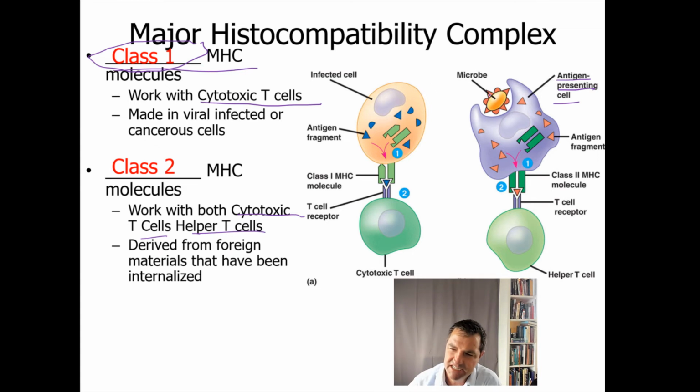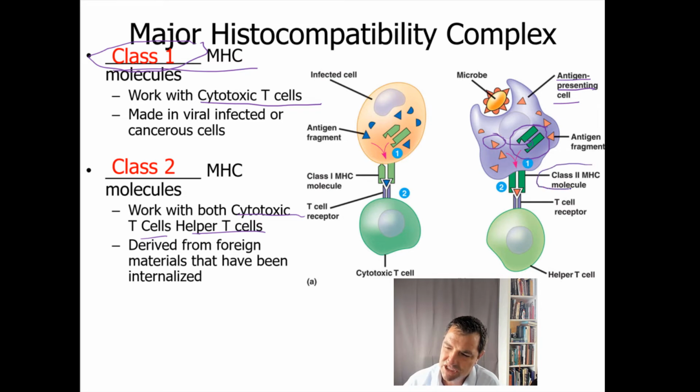There's some kind of microbe. It could be a COVID-19 virus. It could be a bacteria. But this antigen presenting cell binds to it, engulfs it, and breaks it down into pieces. And then it builds this class 2 MHC and puts some of that antigen on with it.